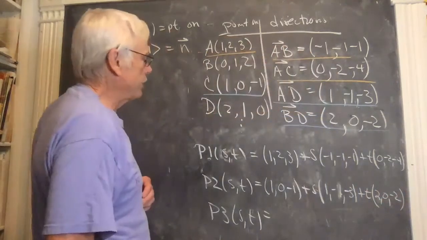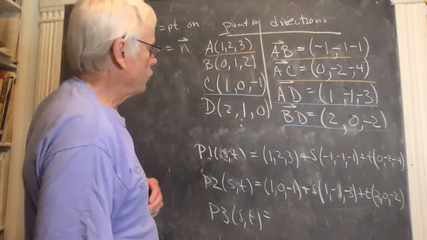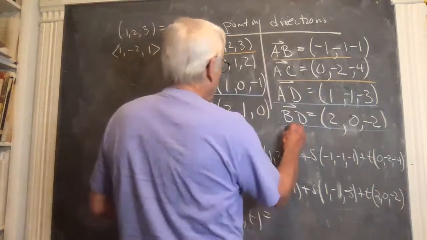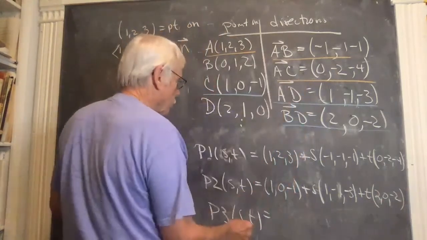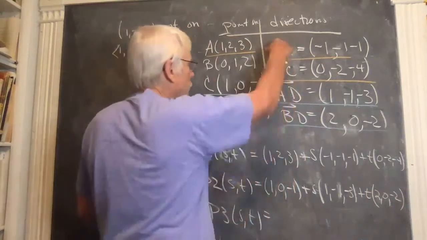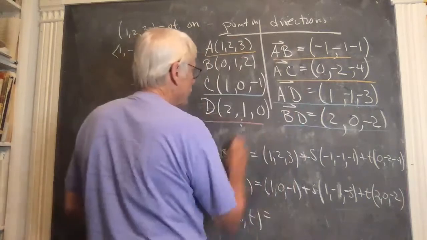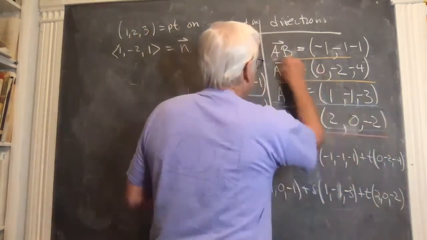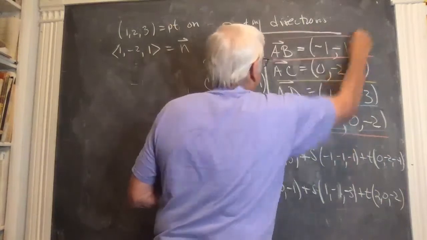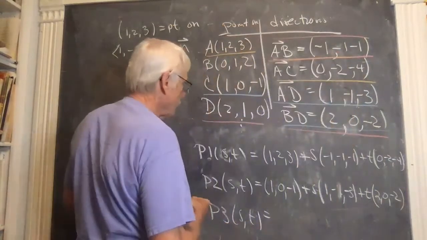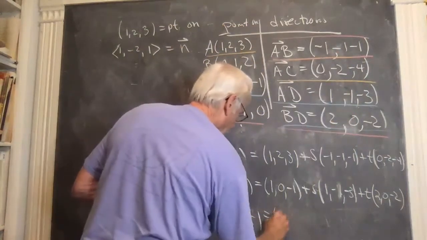And we could find another direction. I guess I've used up all four. Maybe I'll reuse one of them, or use pairs here, but let's use a different point. Let's use BD and AB for this. So the point is 2, 1, 0.